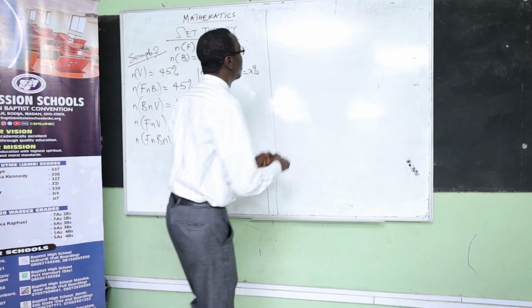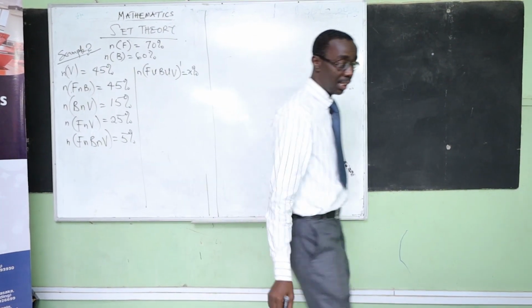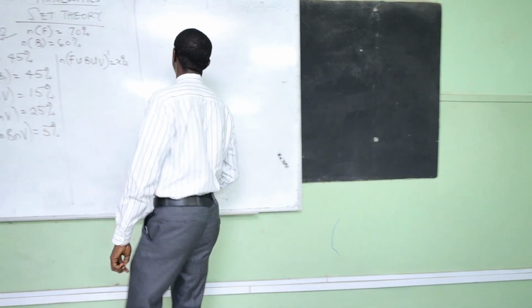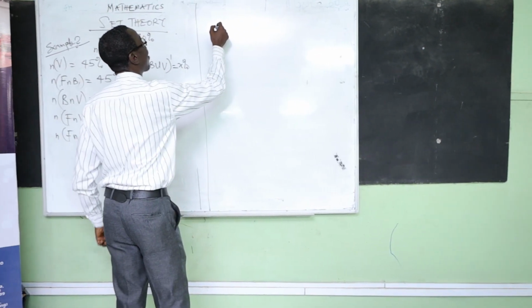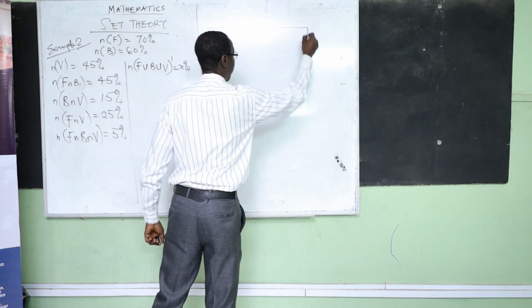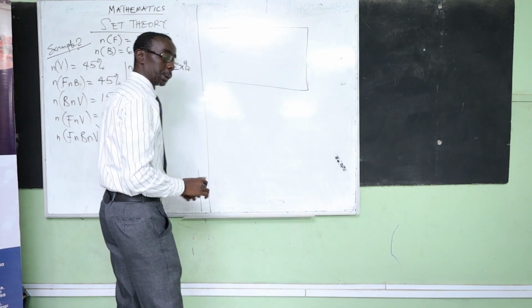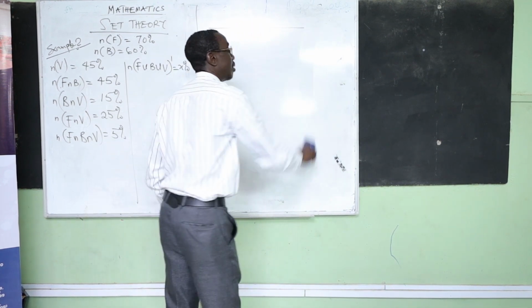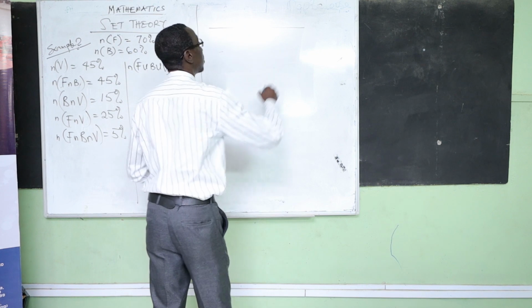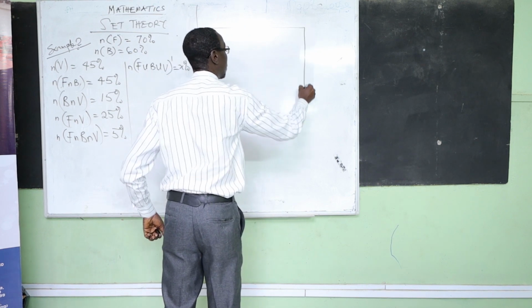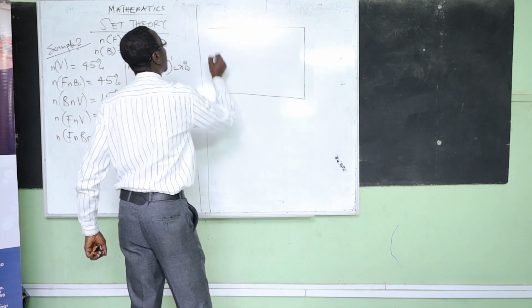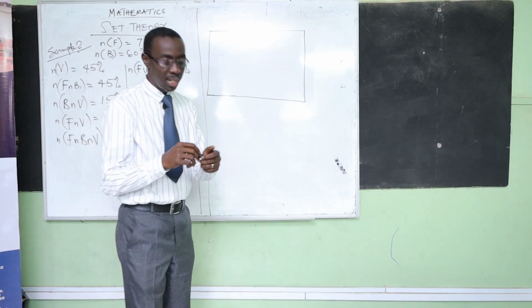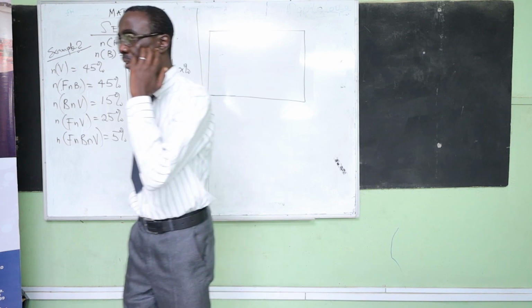Great. So, can we use, they said, illustrate this information in what? In a Venn diagram. If you look at this question, we were not given the universal set.